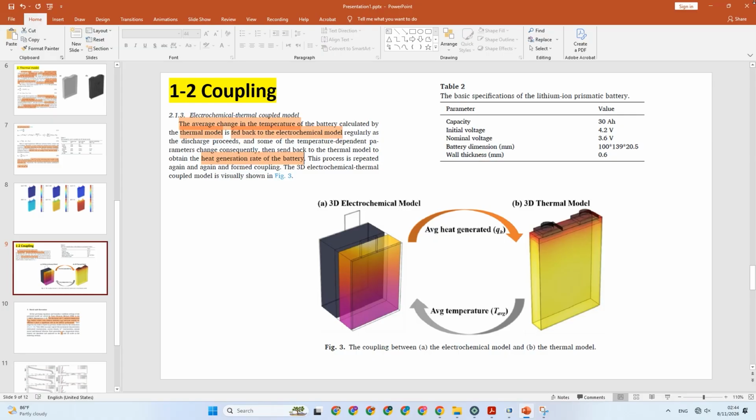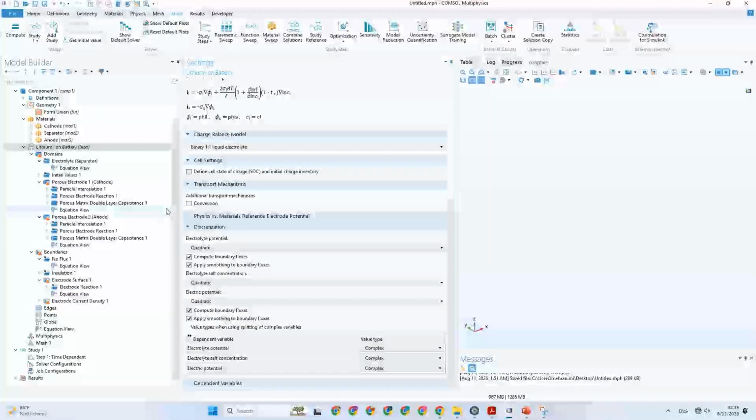We can define cell capacity by ampere hour, cell capacity in Ah. Let me define this equation, maybe it will help us.